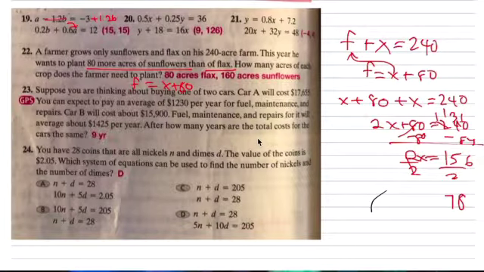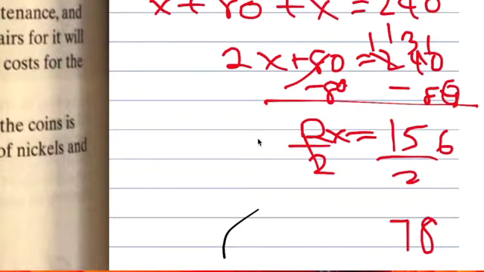How did he get 80 acres of sunflowers? Did I miss something? Oh, this is 80.